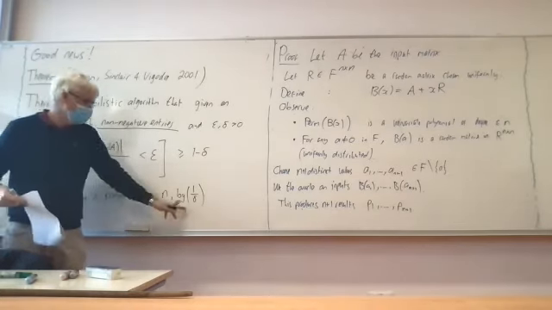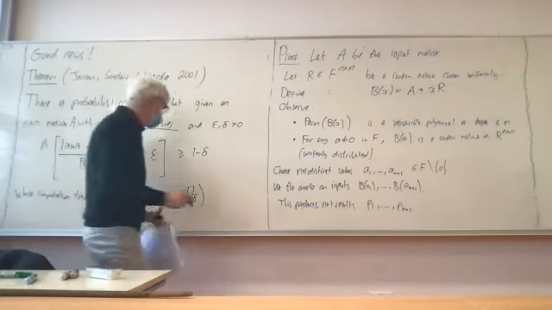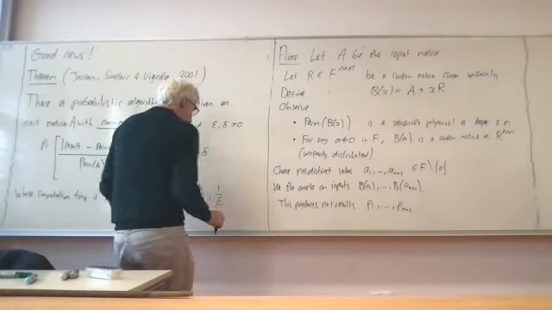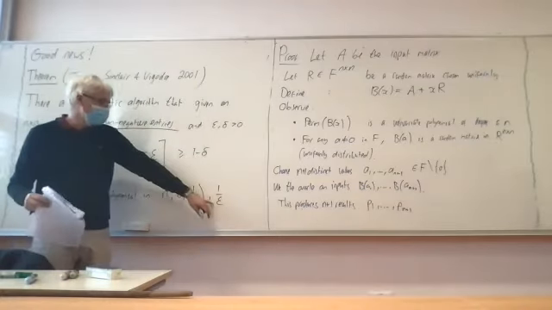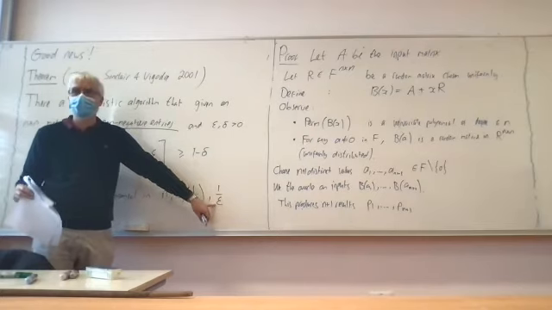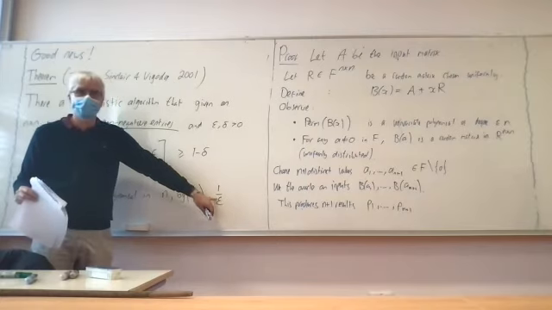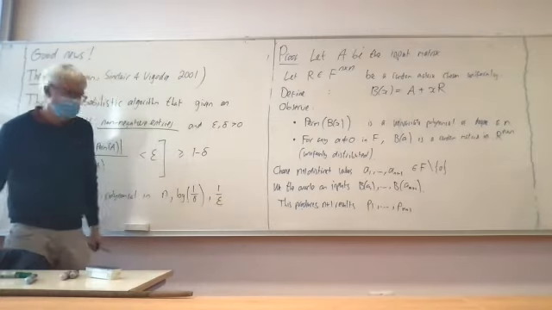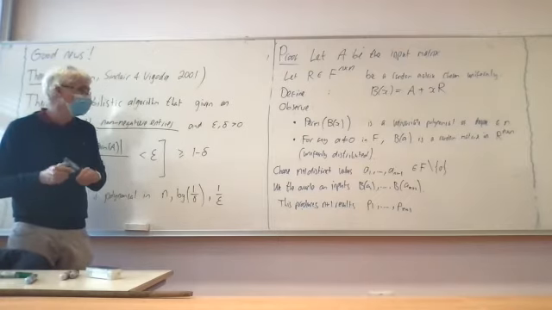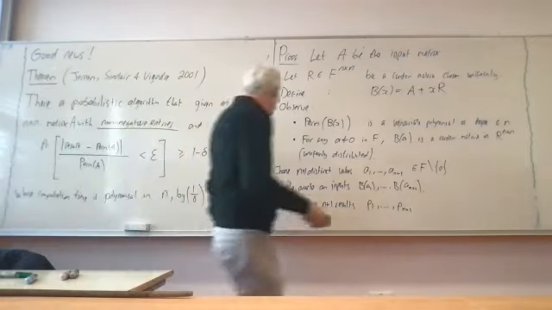We need polynomial in n time. That's what this logarithmic 1 over delta is. And polynomial also in how close we want to approximate, but not in the logarithm of 1 over epsilon, but in 1 over epsilon itself. Being able to compute polynomially in the logarithm of 1 over epsilon would be too much to ask. It would basically allow us to compute the permanent exactly itself probabilistically.